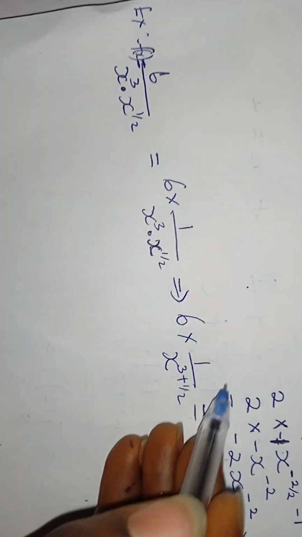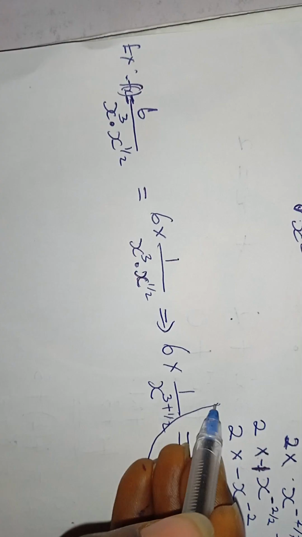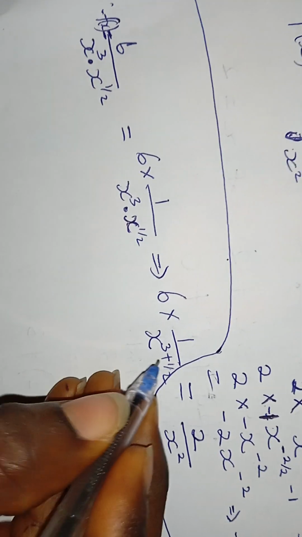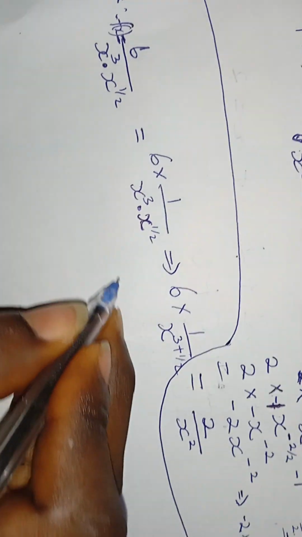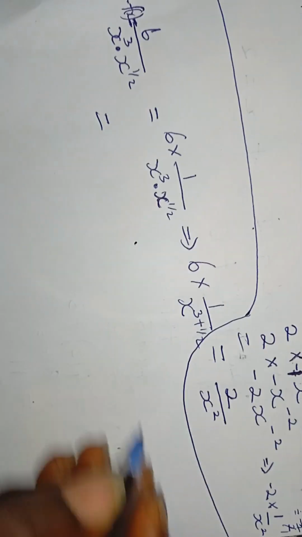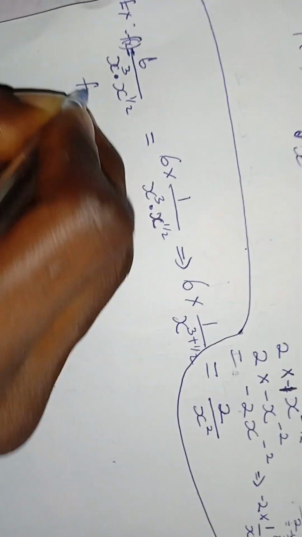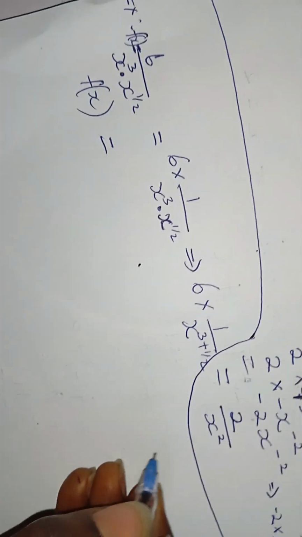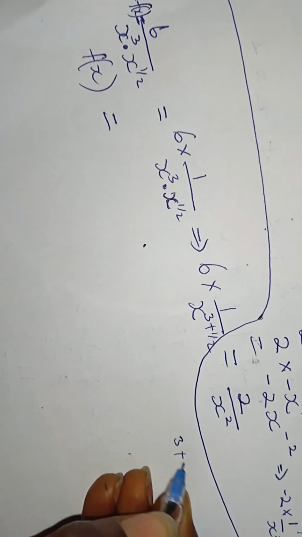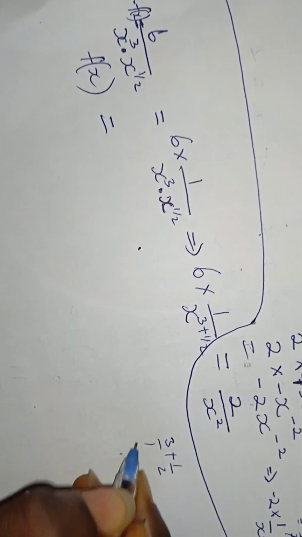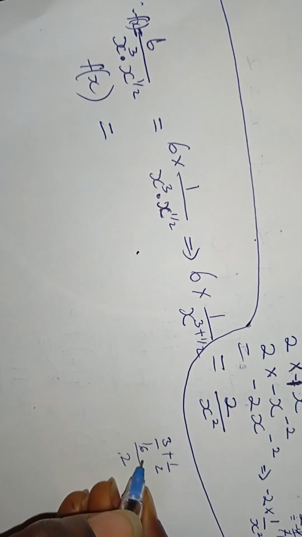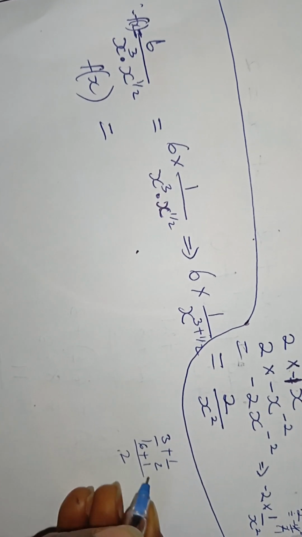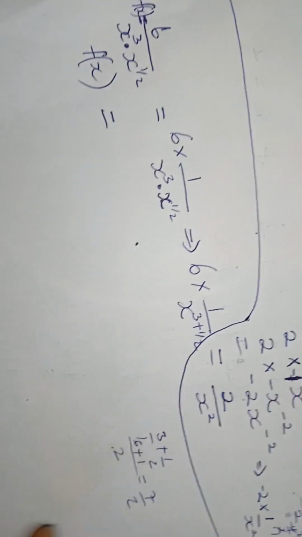So this is 6 times 1 over x cubed plus one half. If you do this, f of x is equal to 7 over 2.